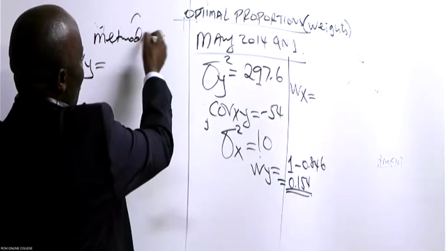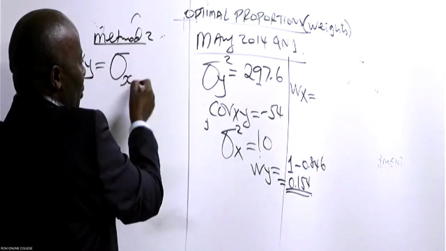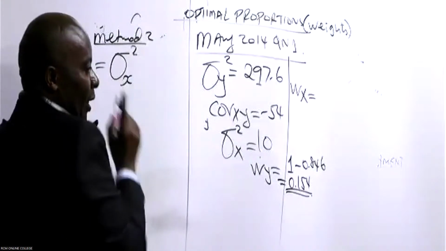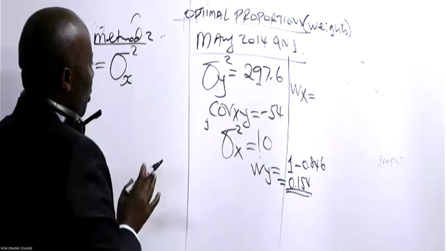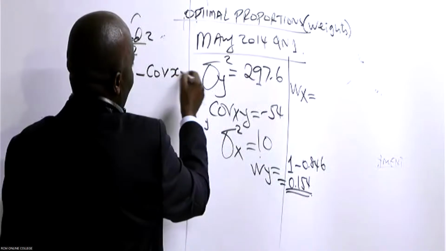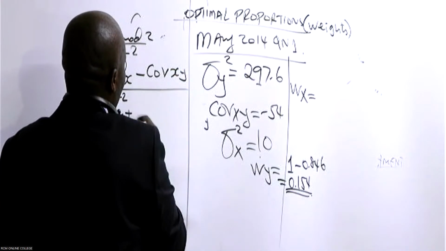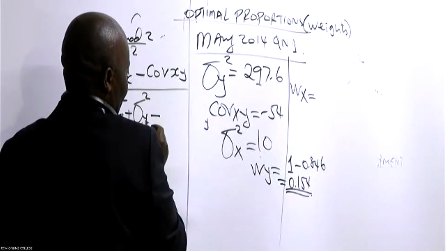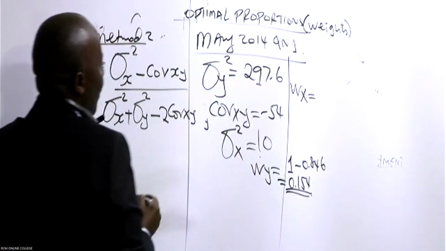To get the weight of Y, just know that you are starting with variance, but now the interchange. This time around we shall talk of the variance of X. If it's Y you want, you start with the opposite variance, and then you say minus covariance XY, all over variance of X plus variance of Y minus 2 covariance XY.